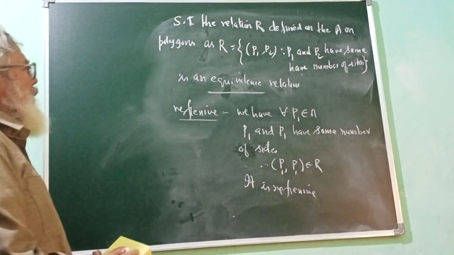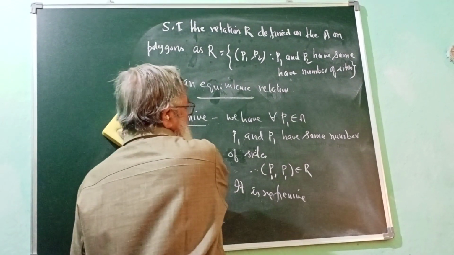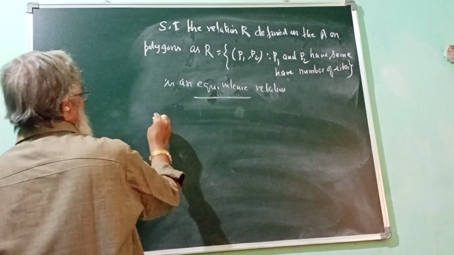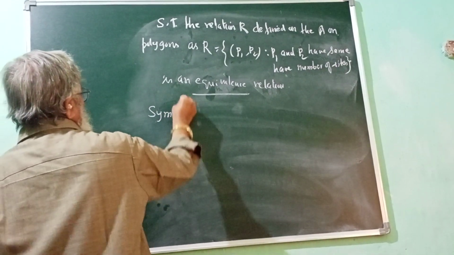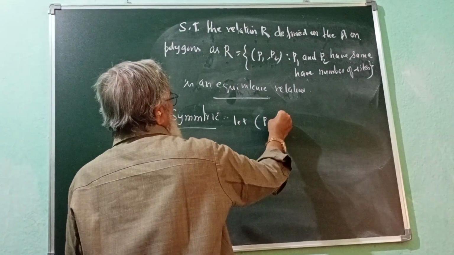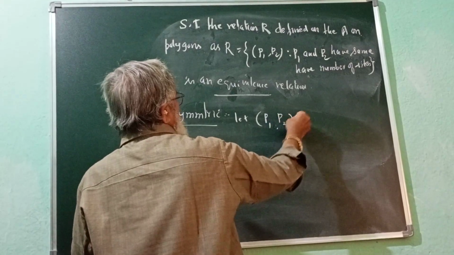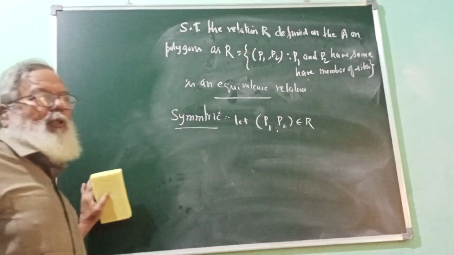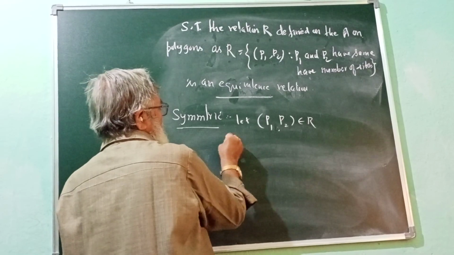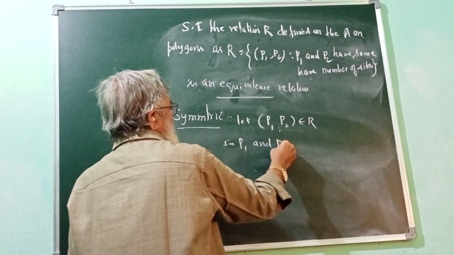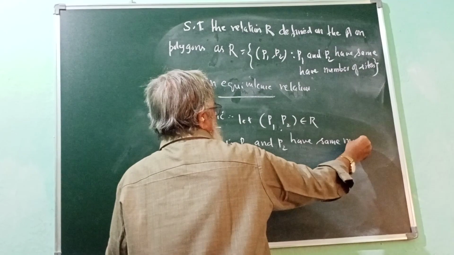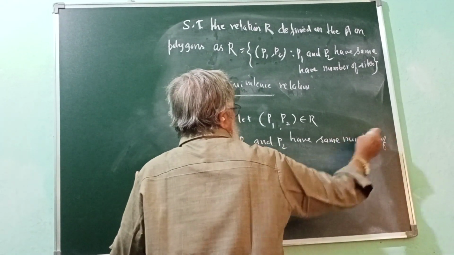Look here how it is. Symmetric. For symmetric, let (P1, P2) belong to R. That means P1 and P2 have same number of sides.